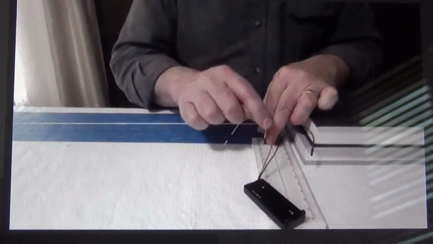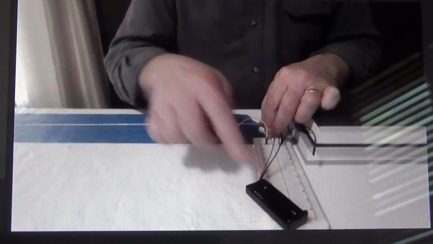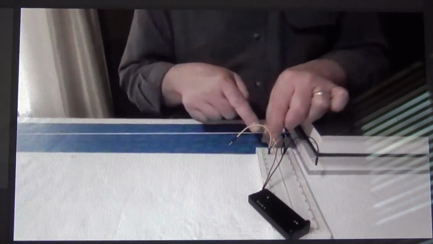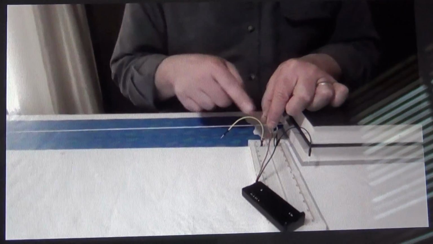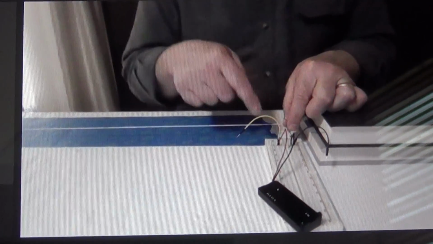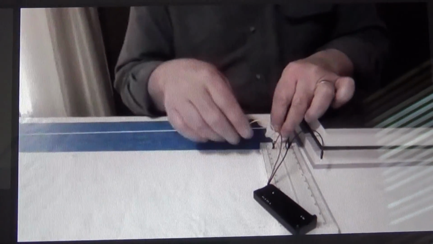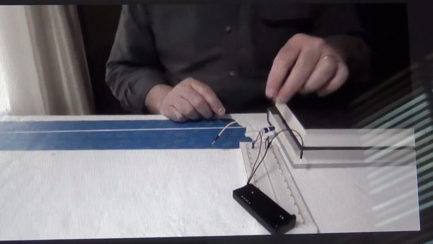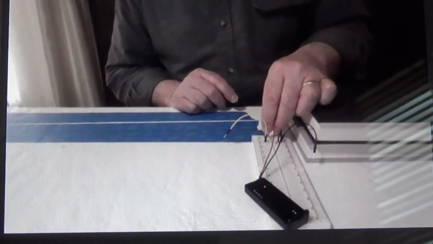The yellow one I've got connected to the red wire of my battery case. And I'm going to use the other side of the jumper wire to trap the thin metal end of the red wire of my motor into the breadboard. So I'm going to place it in a different row, maybe closer to the edge of one end of the breadboard.